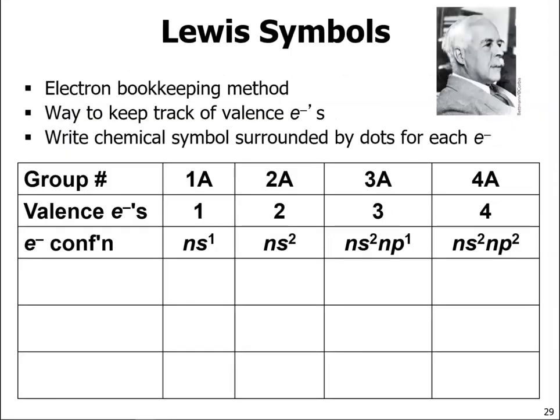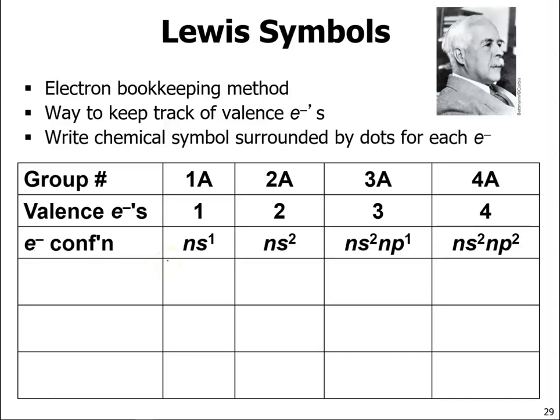Now that we have a little bit of experience with electron configuration and what those things mean and where electrons are found, I want to introduce you to this new idea called Lewis symbols, or Lewis structures. This is really a bookkeeping method, an accounting method for the valence shell electrons, so the electrons in the largest principal quantum number shell.